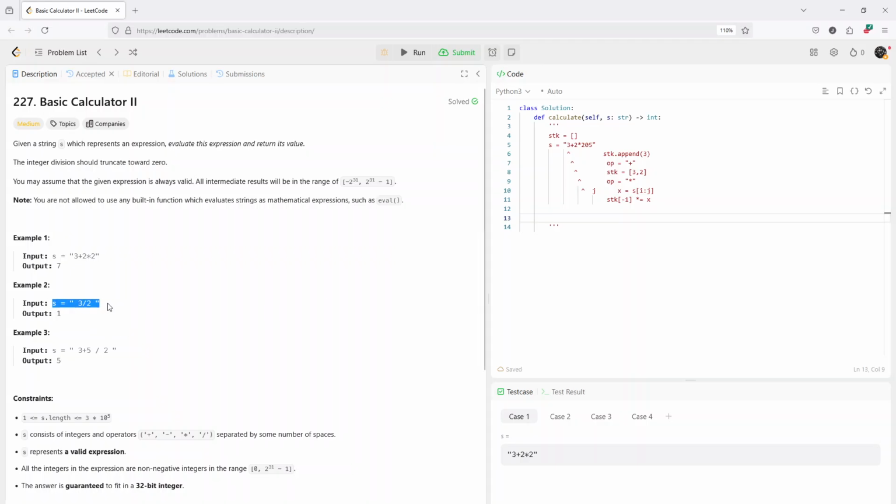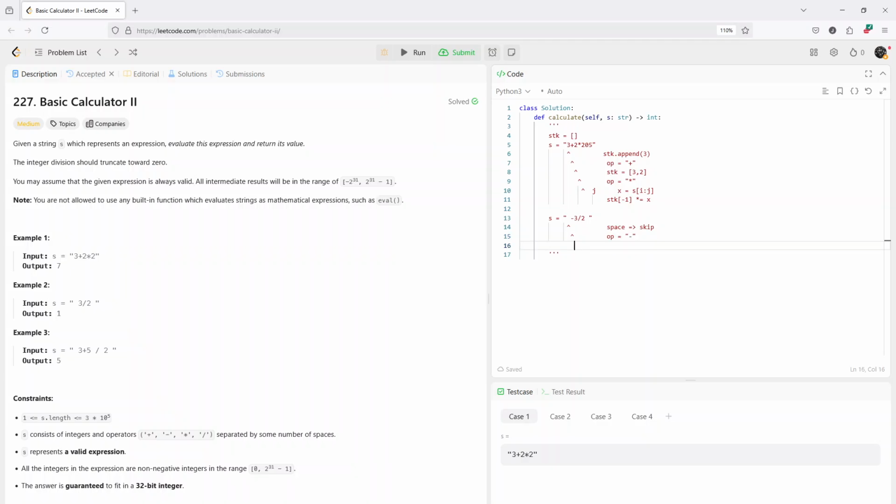Let's look at this one here. Let's say this is a minus. Okay, so first of all, if it's a space, that implies skip. Then the minus here, so we could say this operator is a minus.